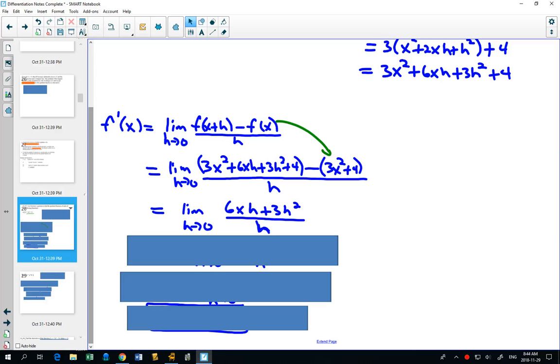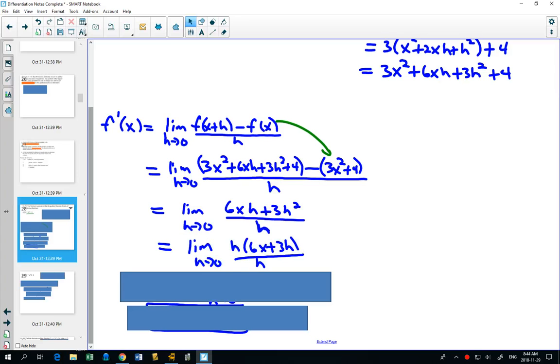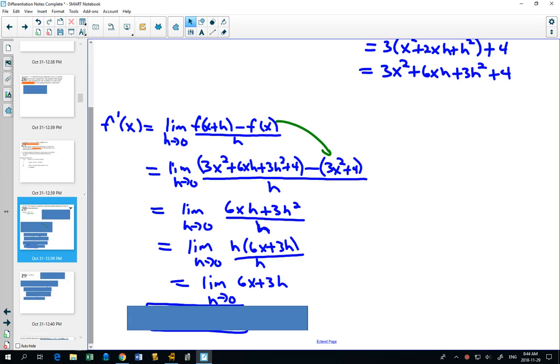And you might see already that you could divide everything by h now. But you might even want to factor that h out, so you can really see that you could simplify both of those h's. And then once those h's are simplified, you can now apply the limit, which means you plug in 0 for h, and the derivative for this one is 6x.